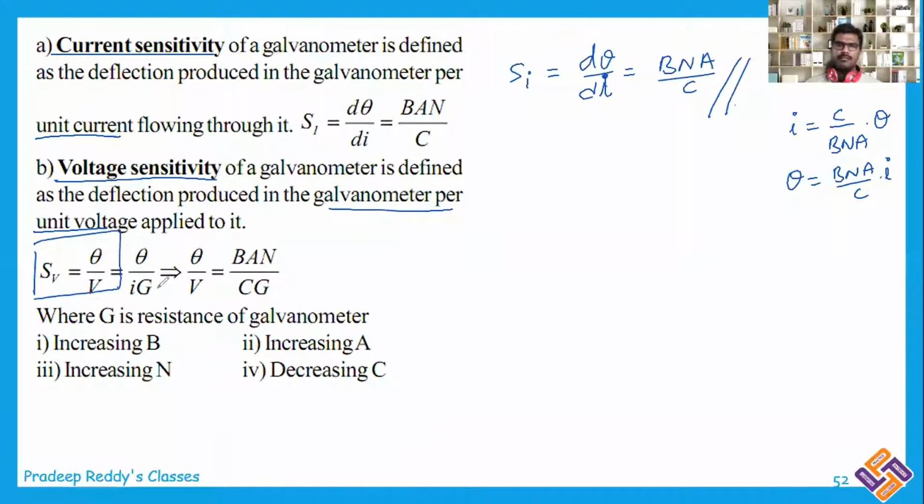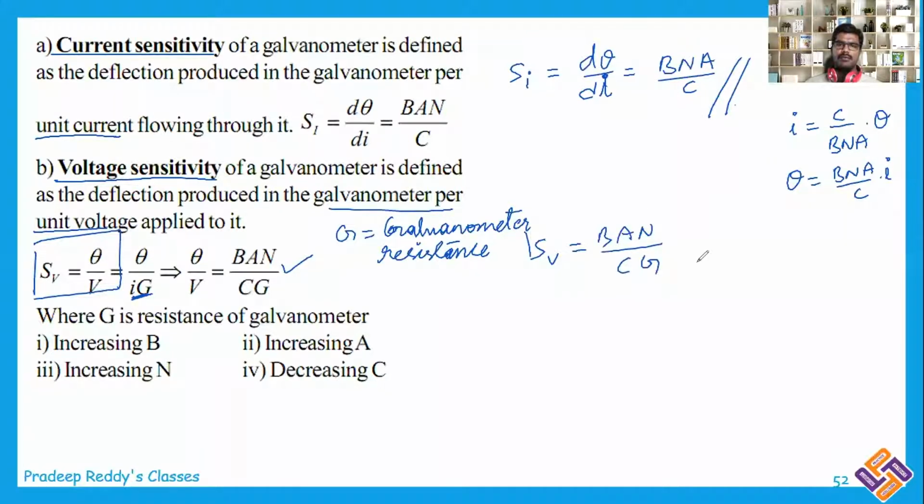V is equal to I into G, where G is the galvanometer resistance. So I can substitute V is equal to I into G. Theta value is already BAN I by C. I and I get cancelled, so finally voltage sensitivity is BAN divided by C into G.